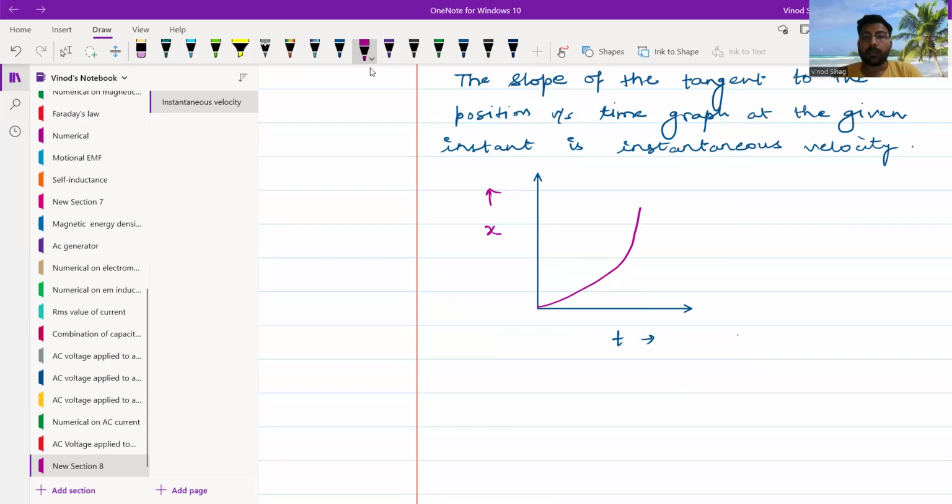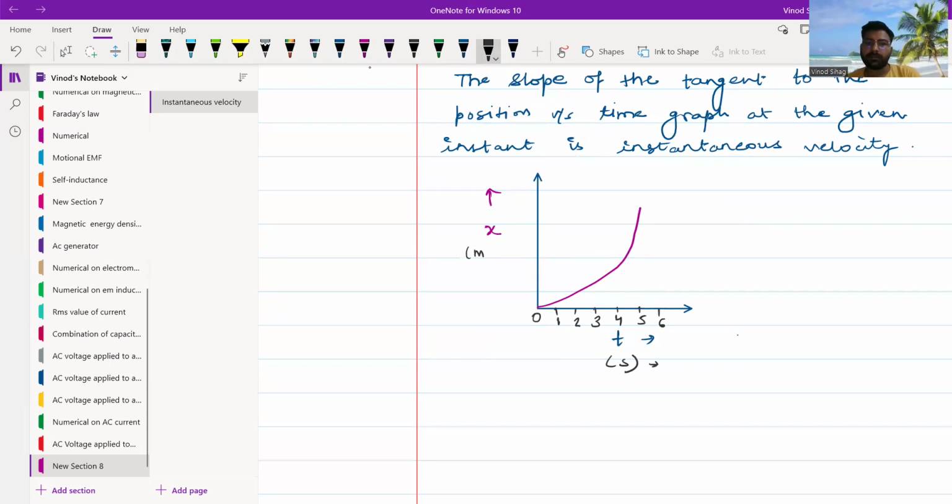Okay. So for this particular graph, let's say some points are also given on the horizontal axis and the vertical axis. On the horizontal axis, they are 0, 1, 2, 3, 4, 5, 6, and time is measured in seconds.